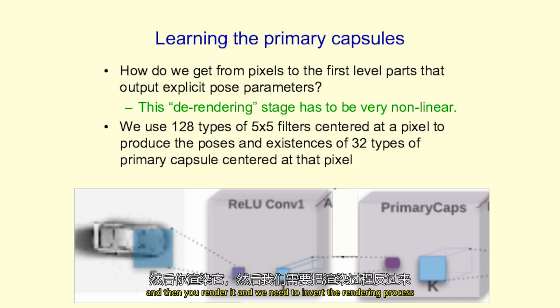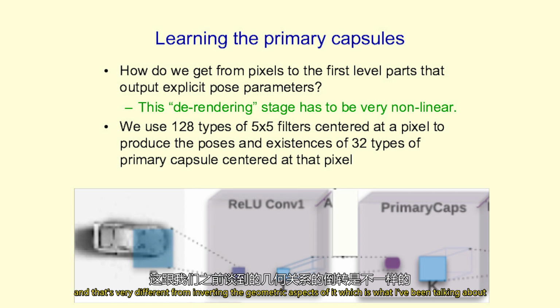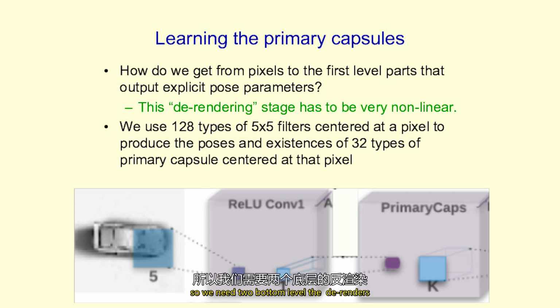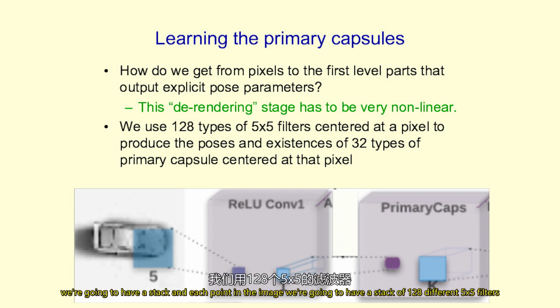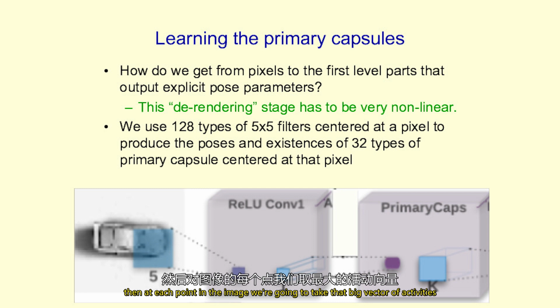And we need to invert the rendering process, and that's very different from inverting the geometric aspects of it, which is what I've been talking about. So we need a bottom level that de-renders. The way we're going to do that is we're going to take an image, we're going to apply a bunch of filters, we're going to have a stack. At each point in the image, we're going to have a stack of 128 different 5x5 filters.